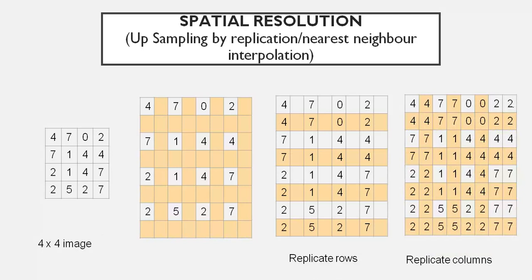But if you compare this recreated image with the original image, obviously there will be errors because we have just replicated the rows and columns. We actually don't know the value of this pixel in the original image, so obviously this image would not be exactly the same as the original image, but still we will be able to get an 8 cross 8 image.